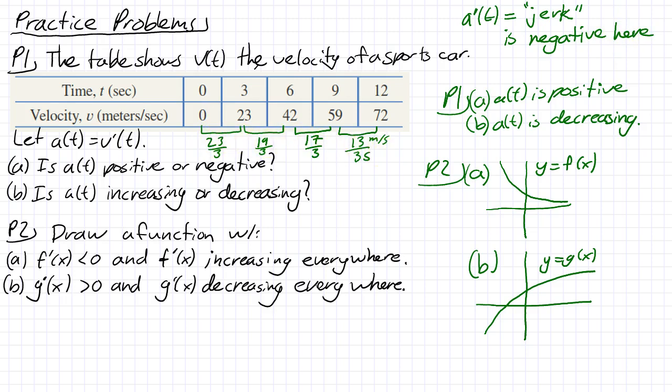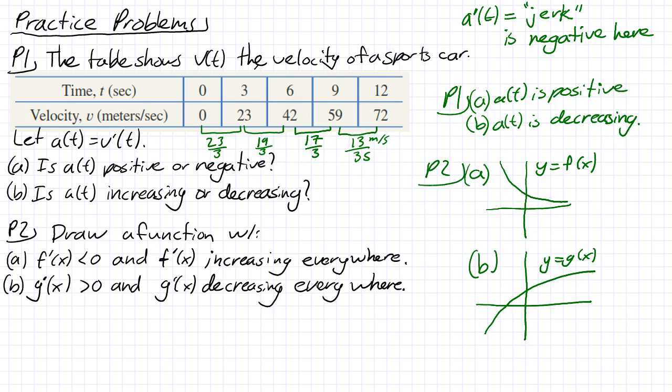So the position of this car is probably always positive. The velocity is definitely always positive. The acceleration is always positive. But the rate of change of acceleration is itself negative, which is weird.